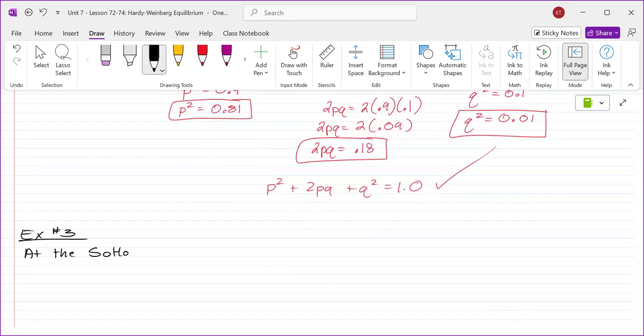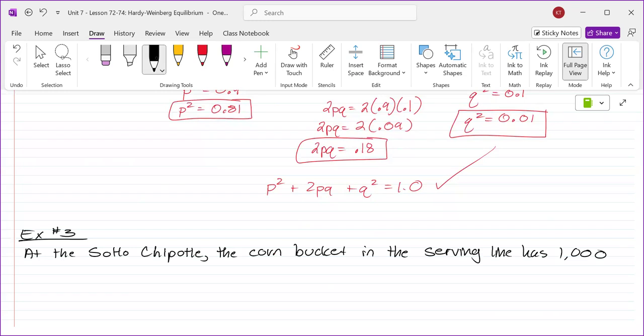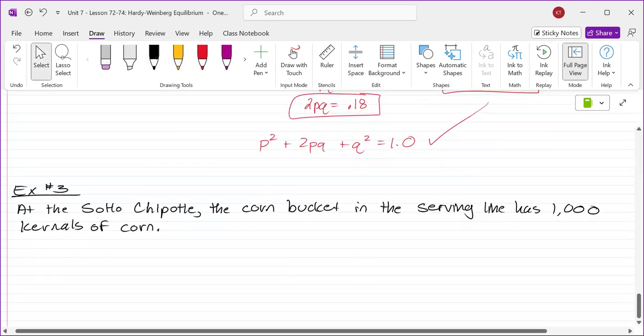At the Soho Chipotle, the corn bucket in the serving line has 1,000 kernels of corn. Period.